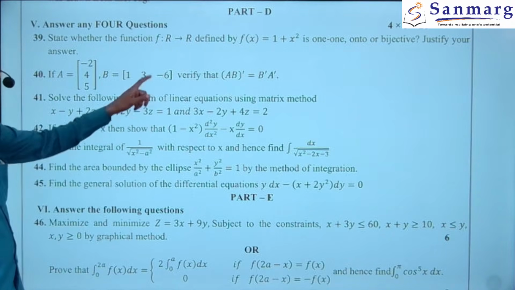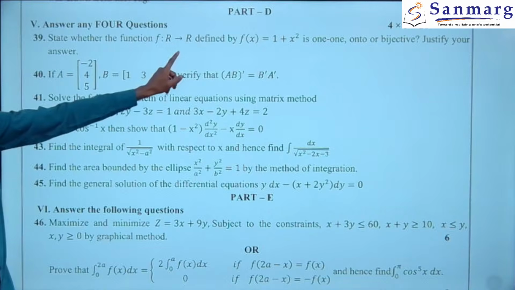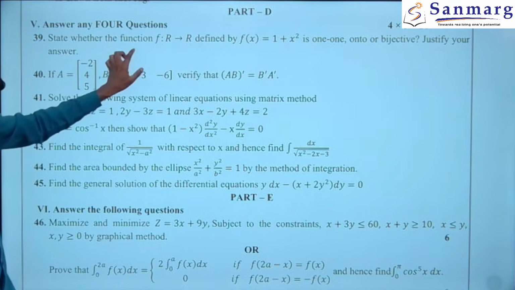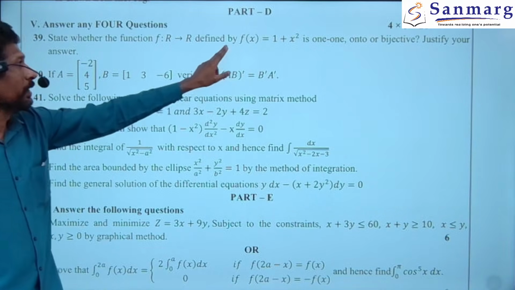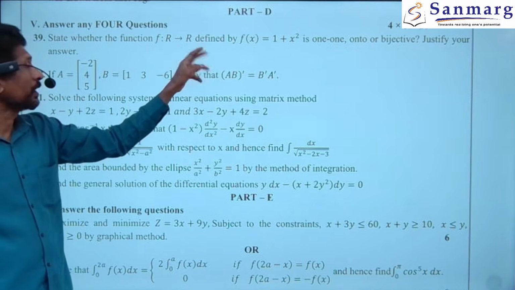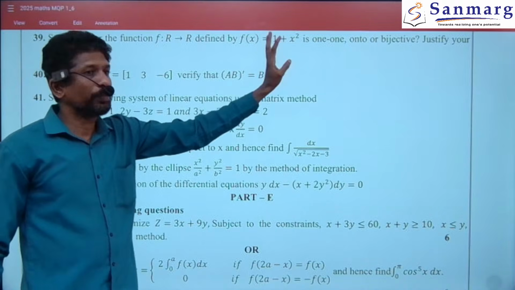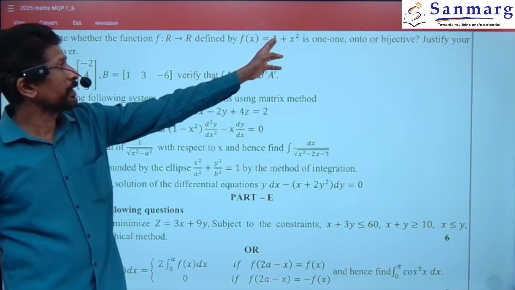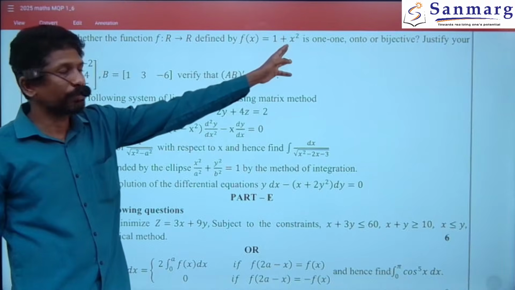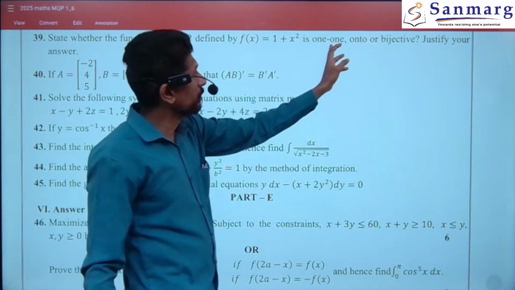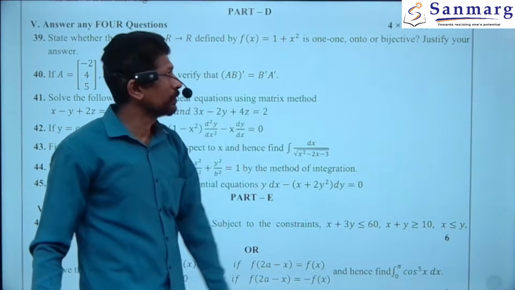Part D has one question fixed. The 39th question is on the relation and function itself. They will give a function from R to R, meaning real to real numbers. One function they will give, which may be a linear equation, a polynomial function or a quadratic function. Here you have to identify whether the function is one-one, onto or bijective.